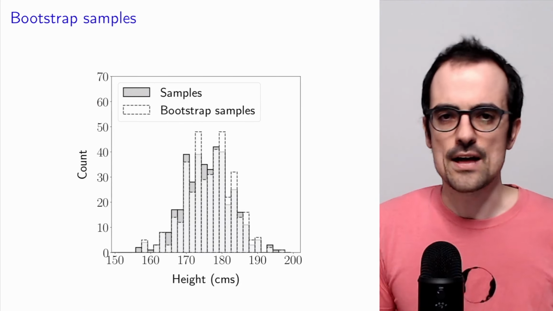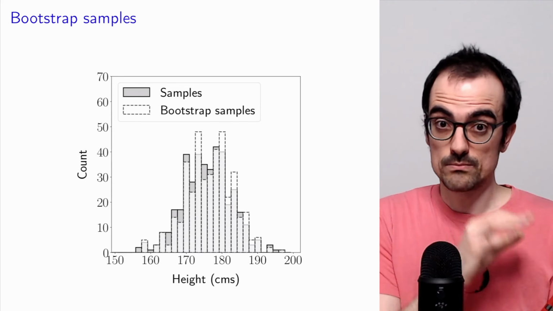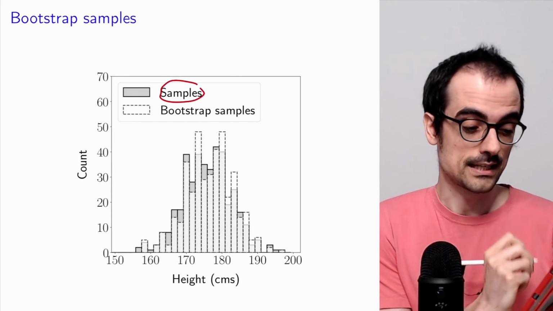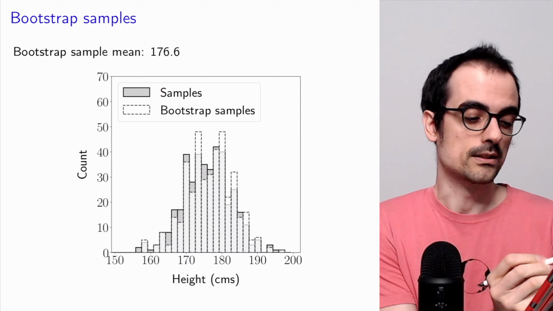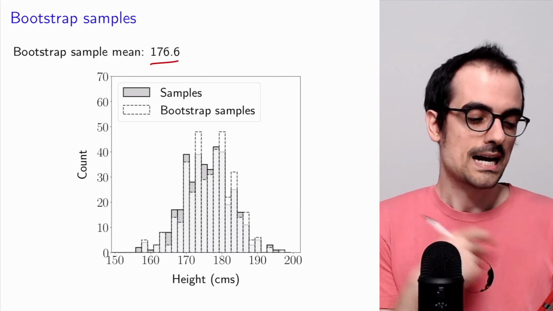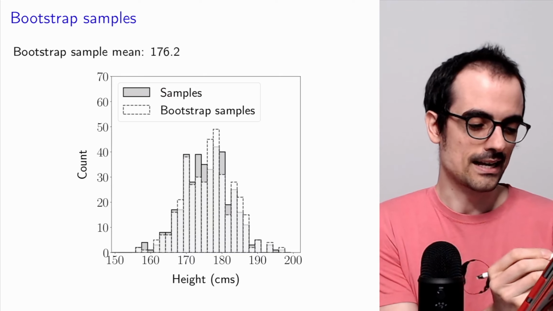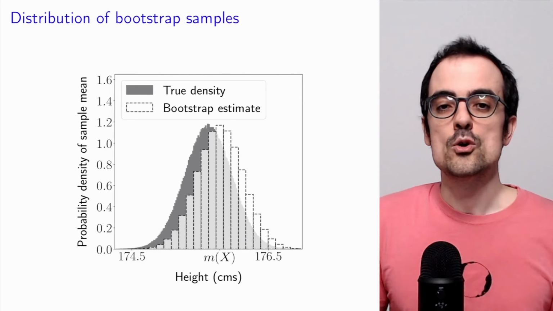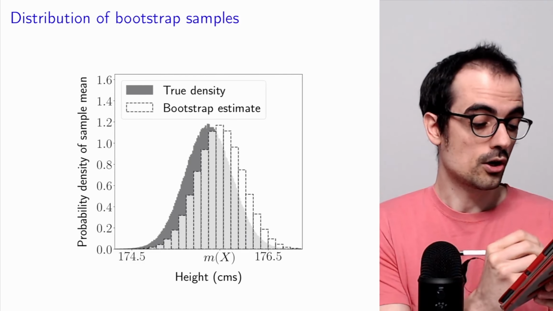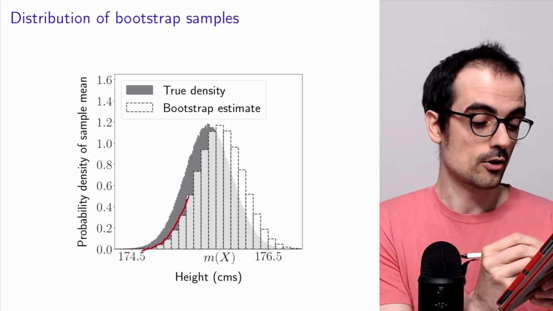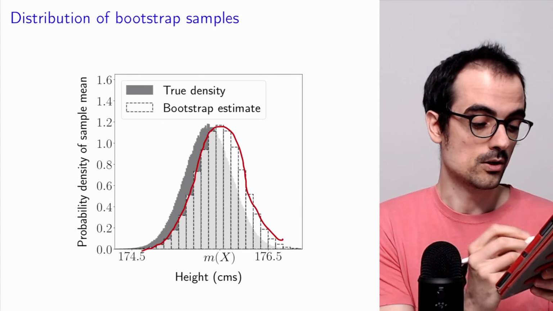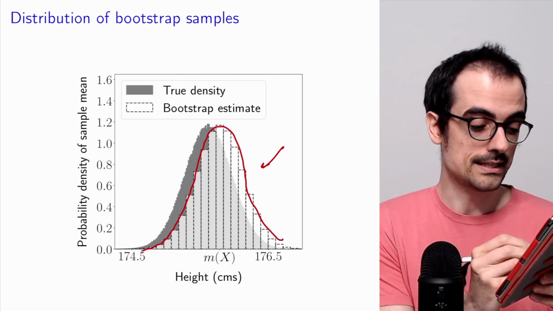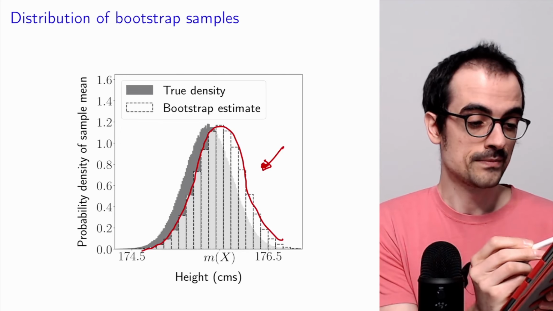We take another set of bootstrap samples for the same fixed set of data. We get a different sample mean. Again, we resample, and again we get a different sample mean. Now we can take a look at the distribution of sample means obtained from the bootstrap estimate. This is obtained just from our data using bootstrapping.